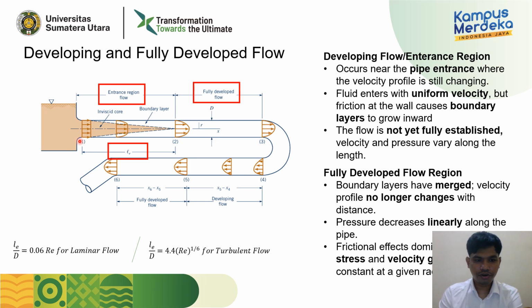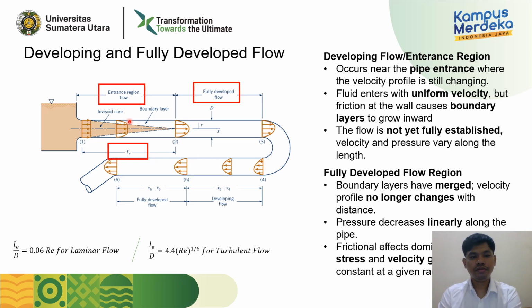You can see here the entrance of the pipe, and then the fluid flows inside the pipe. This is what we call the entrance region flow, where the velocity profile is still changing.